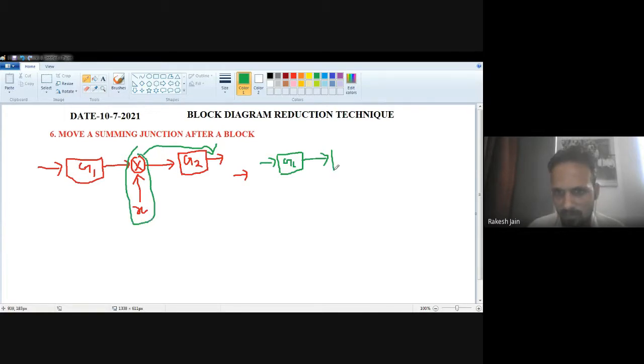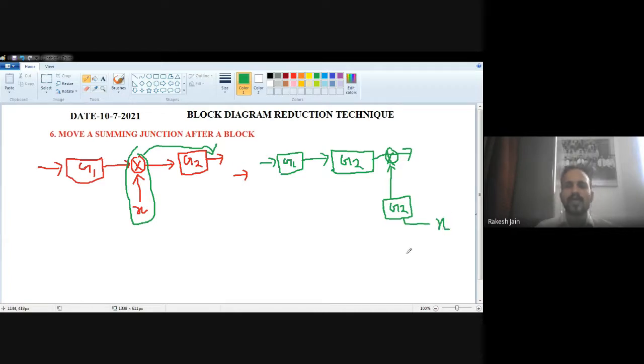So G2 will come here first. Now this summing junction will come here because I move this, but with that block also. What was the block? The block was G2. So whenever the summing junction moves after a block, the block will come directly with that summing junction.